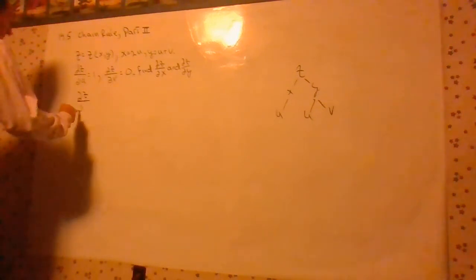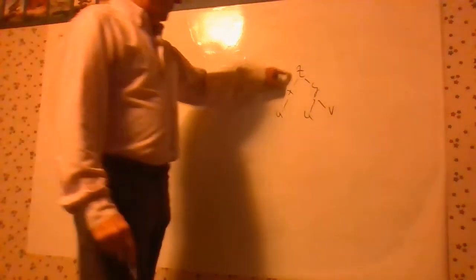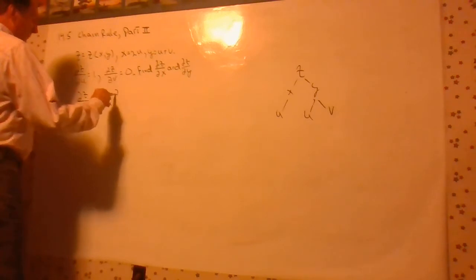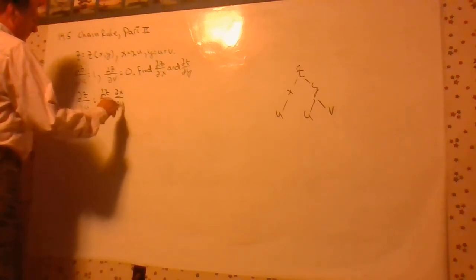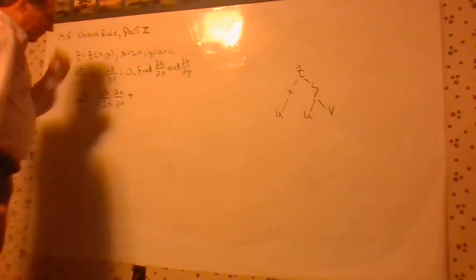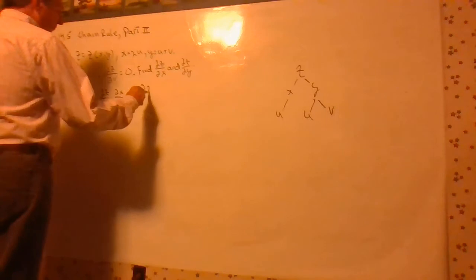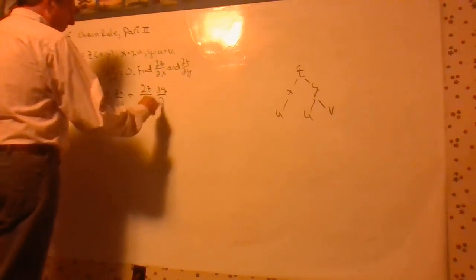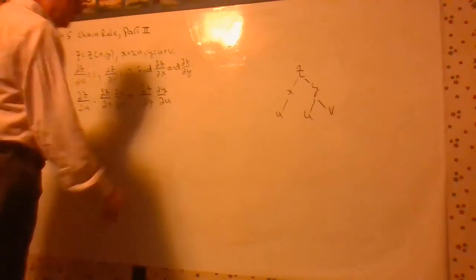Partial of z with respect to u equals z sub x, x sub u, plus, now we can also get to that, partial of z with respect to y, partial of y with respect to u.